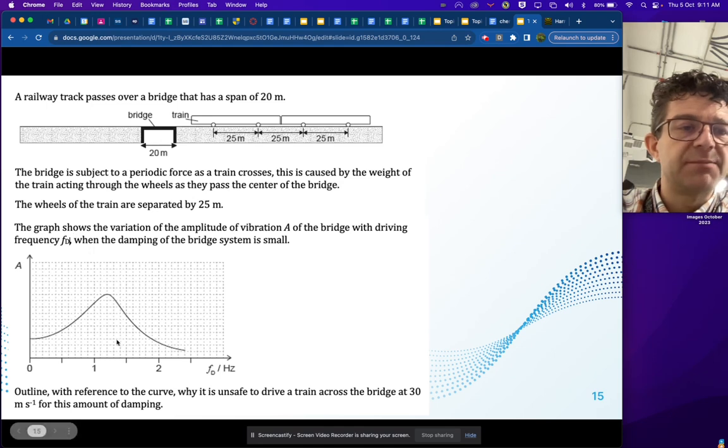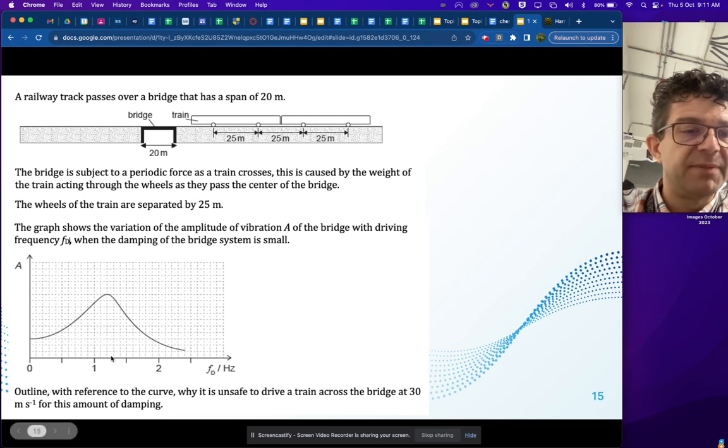We see the response curve for the bridge shown here, and when the damping is pretty small, we have a nice peak here. It says: outline with reference to the curve why it is unsafe to drive the train across the bridge at 30 meters per second with this amount of damping.